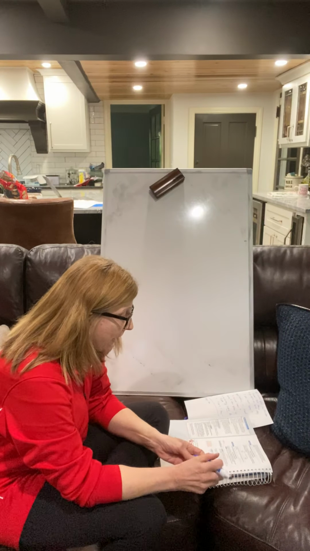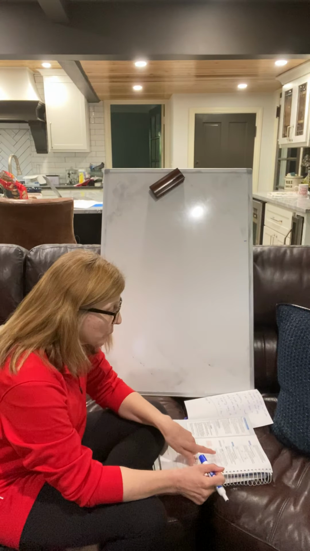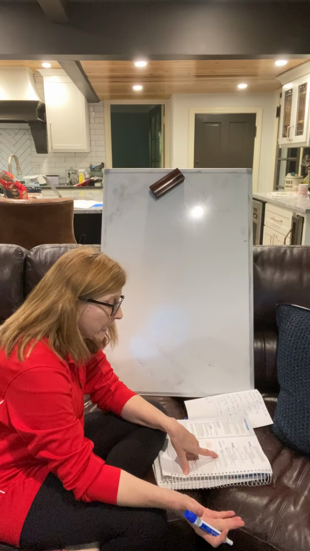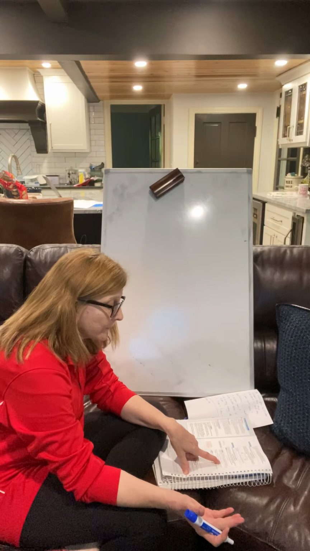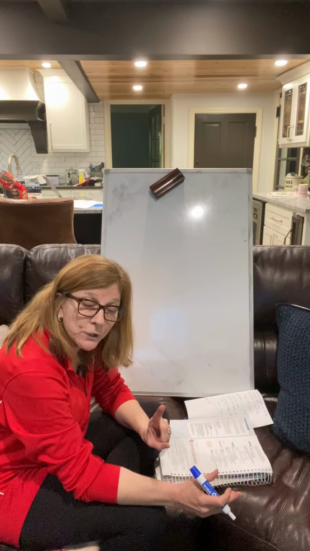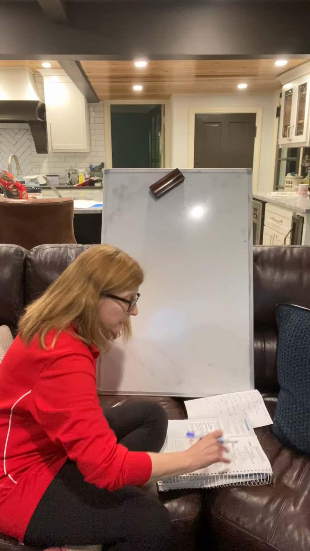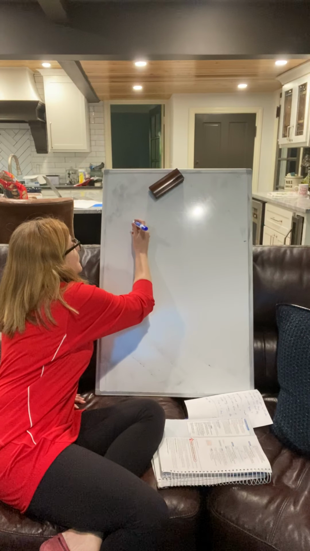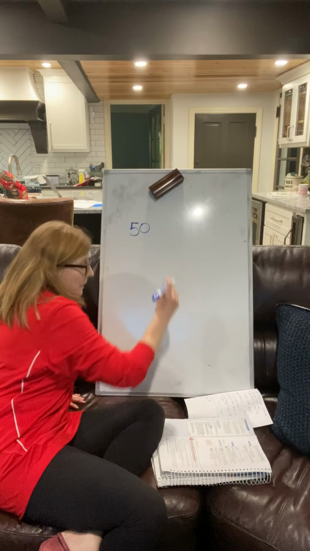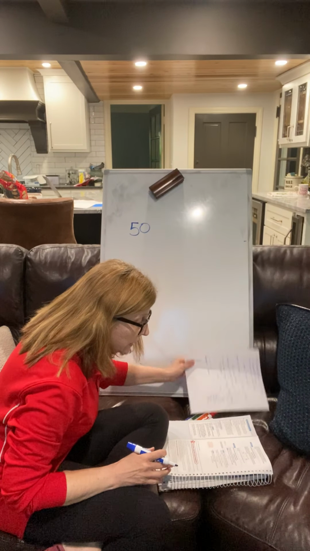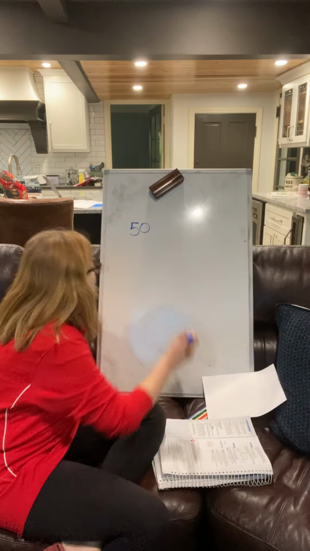Okay, so let's get that part first. So what you need to do whenever you have a set of data, and we've got a set of data: 50, 80, 90, 85, 90, 95, 90, and 100. First thing you're going to do, put them in order from least to greatest, all right? So everybody do that right now on your whiteboards. So the least number looks like it will be 50. And then the next number will be 80.